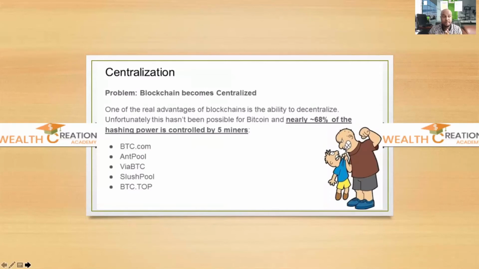If these 5 miners decide to, they can put in a 51% attack. But they have no incentive to do it, because they also hold the Bitcoin they mine. These are the 5 that really dominate the hashing power of the Bitcoin network.